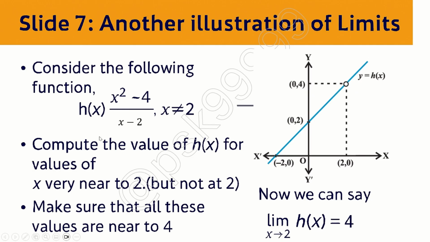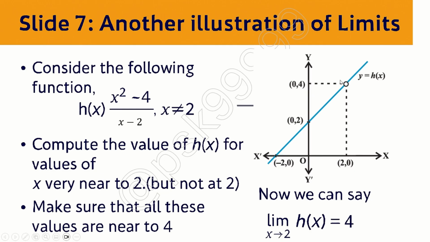Now, if you want to say what is the value of h of x when x is approaching 2, this is where you apply your limits. At x equal to 2, this is the value. Intuitively looking at the graph, I can tell both sides it is coming to 4, so the value is 4, correct? If you go to the left hand side, you come close to x equal to 2, you are approaching this value 4.